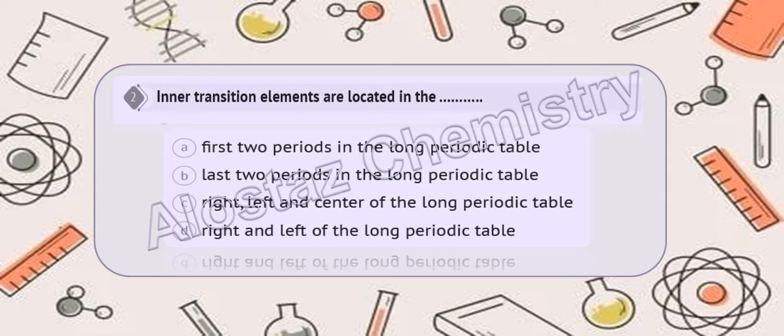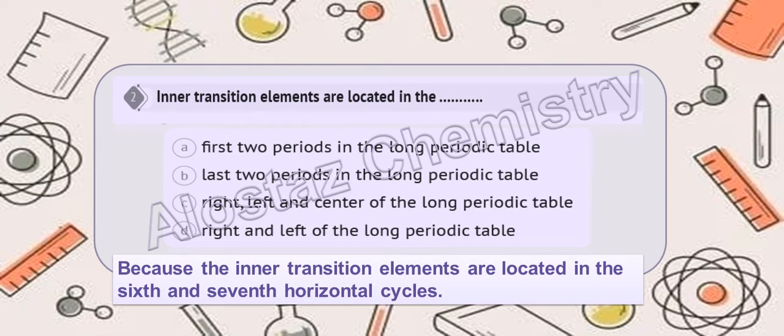When we look at the periodic table, at both sides, left and right, we have the representative elements, but in the middle we have the transition elements, and below the table the part we call the inner transition elements. The inner transition elements are located in the 6 and 7 horizontal periods.